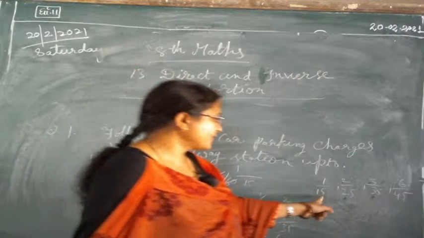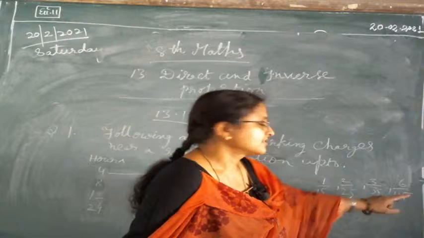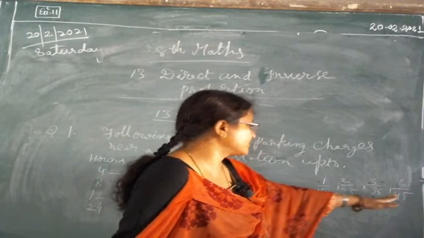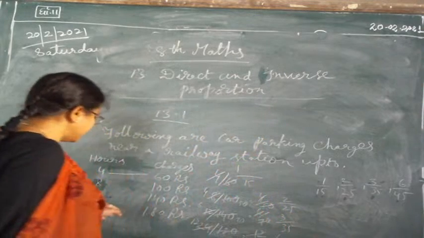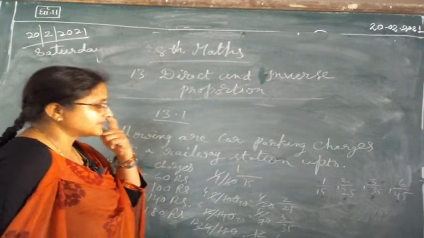At every 4 hours, 15, 25, 35, 45, 10 rupees was increasing, but in between 12 and 24 there are 12 hours. So 10 rupees increasing at 45 was wrong.